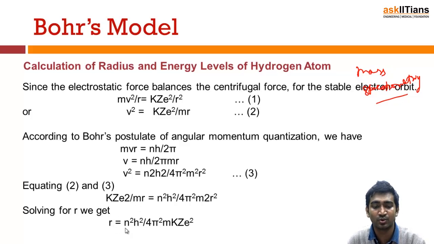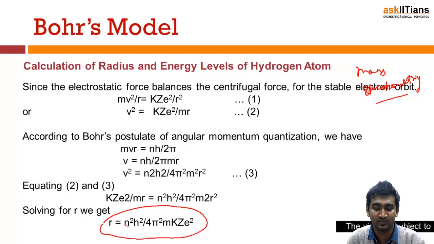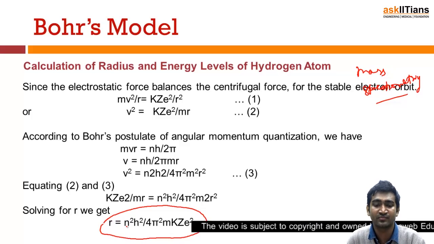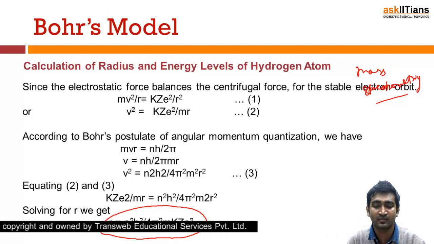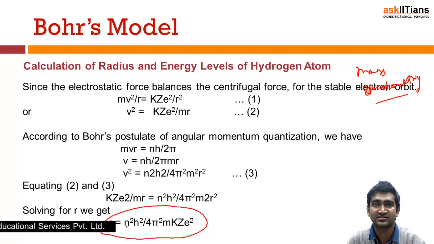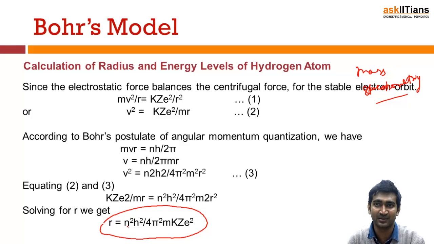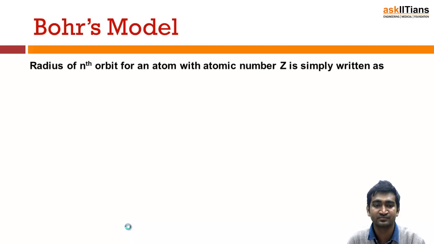That radius is equal to n square h square by 4 pi square mkZe square. And when he used the standard values of the electron, atomic number, mass, then he found out that experimentally also it is coming true. Okay, so that's why this model is very well accepted.